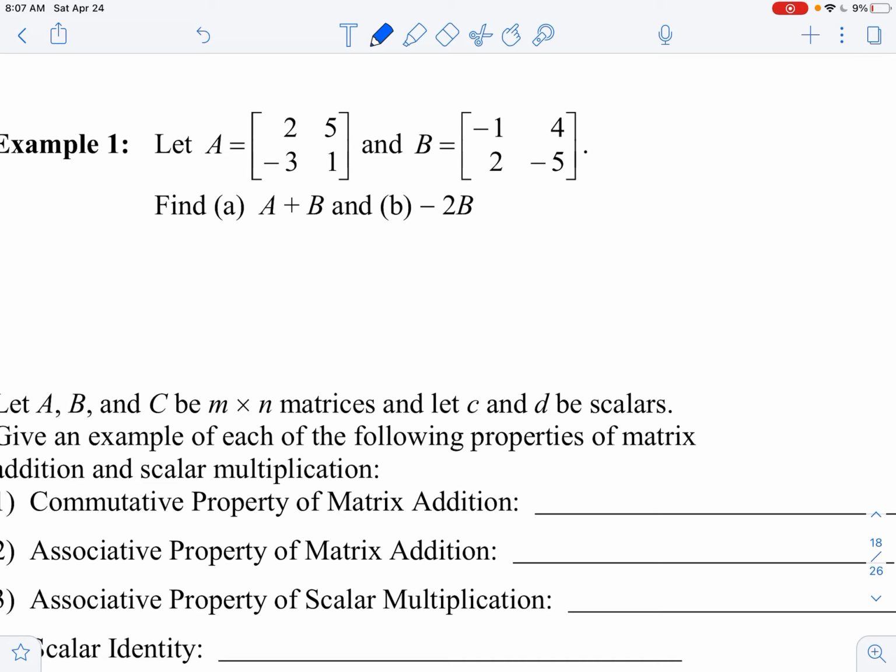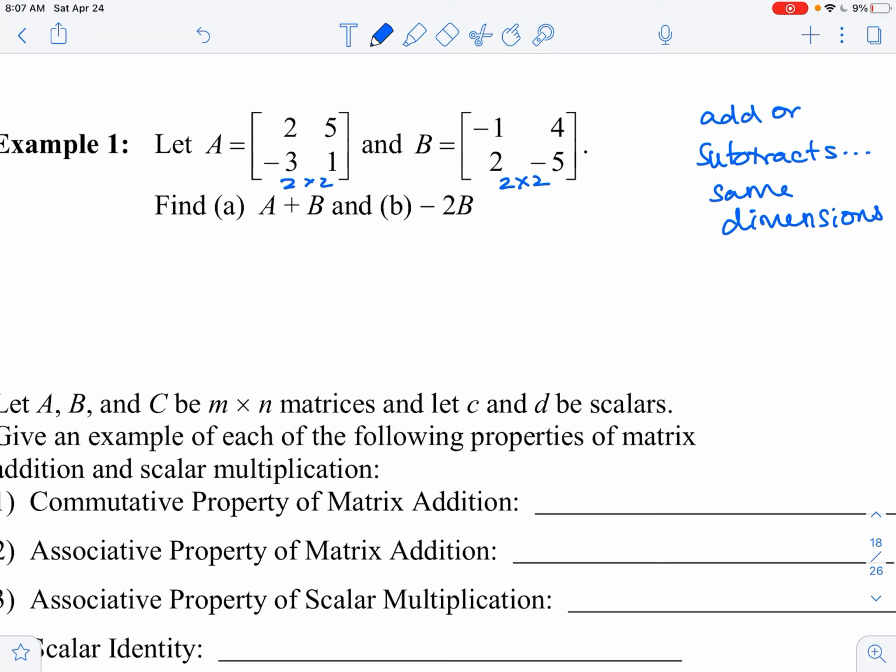So for example, if I've got these two matrices A and B, A is a 2 by 2 matrix and B is also a 2 by 2 matrix. In order to add or subtract matrices, they have to be the same dimensions.